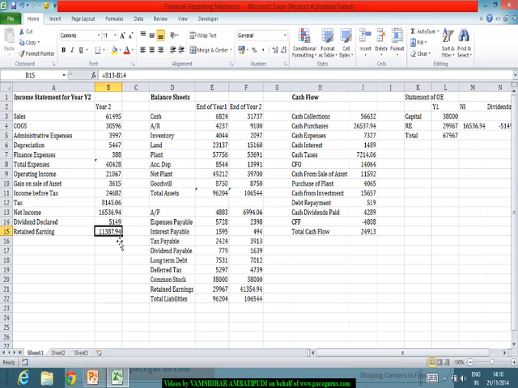11,387. So when I look at the balance sheet, there is year one, which is at the end of the last year, which is the beginning of the current financial year. These are the numbers: cash, accounts receivables, inventory. These are some of the assets that are there. The land, the plant and equipment.